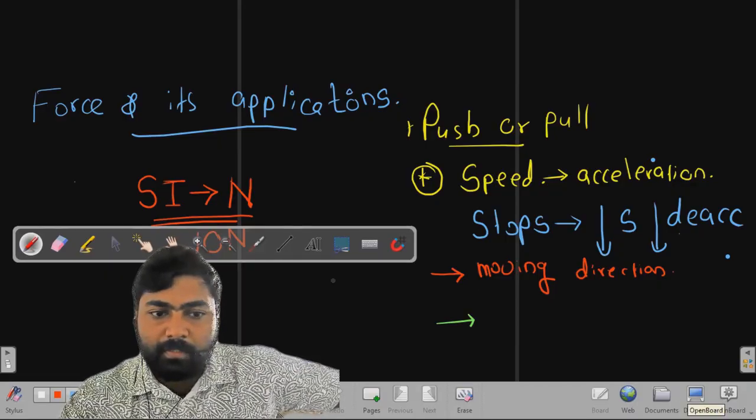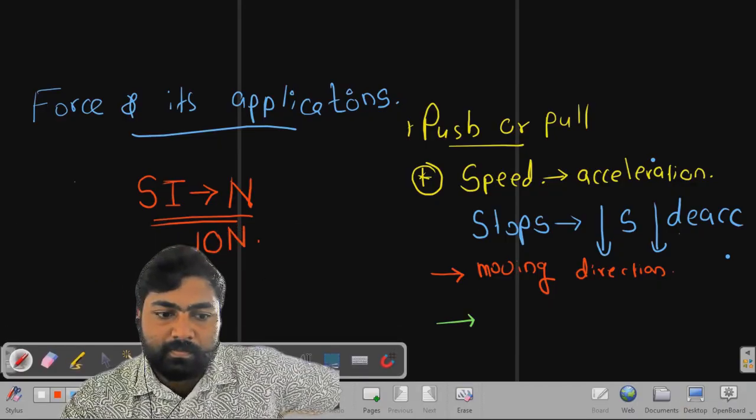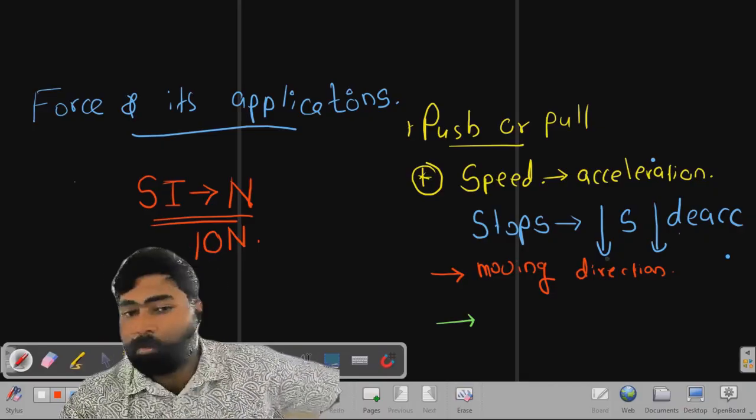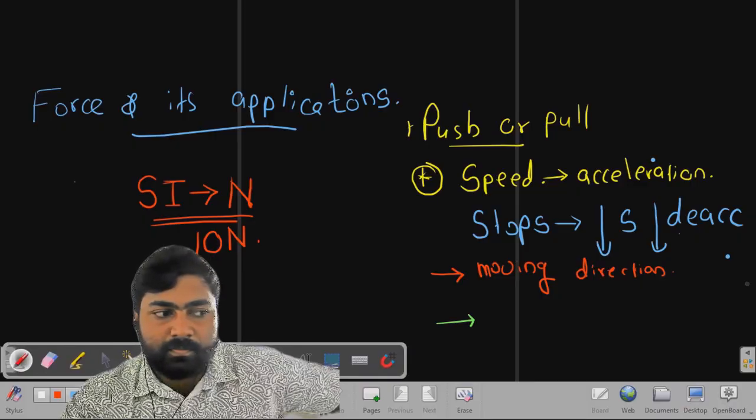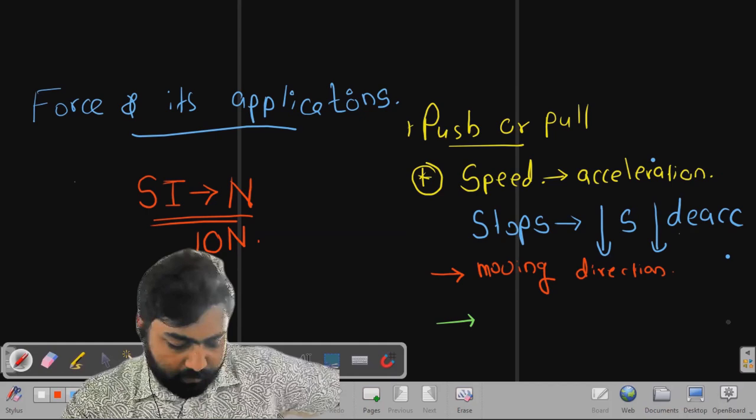Force can be simply defined as a push or a pull.